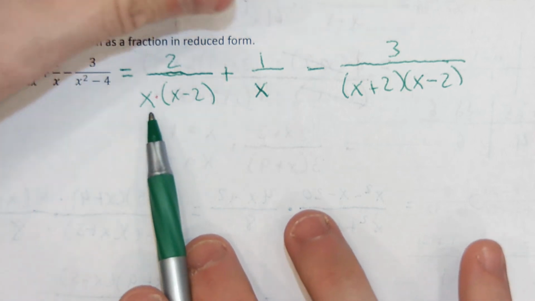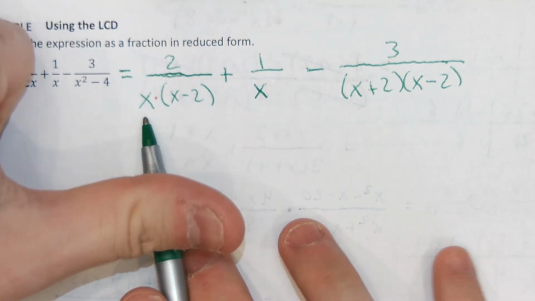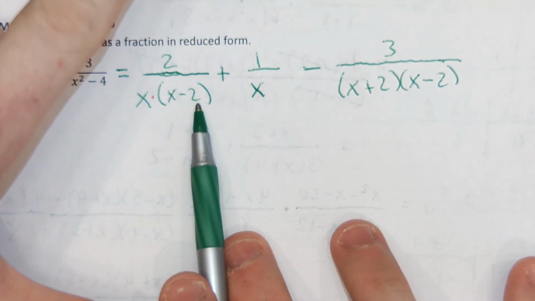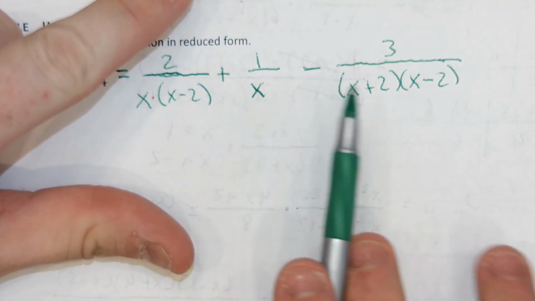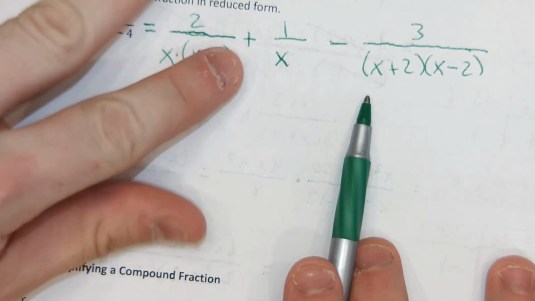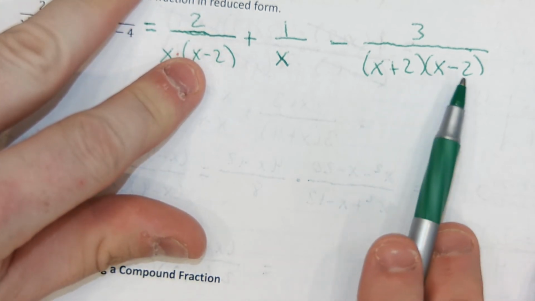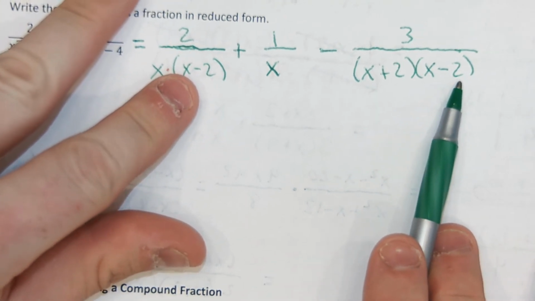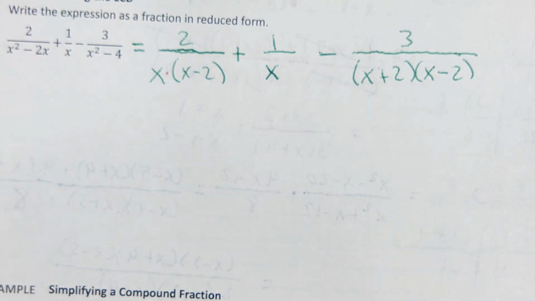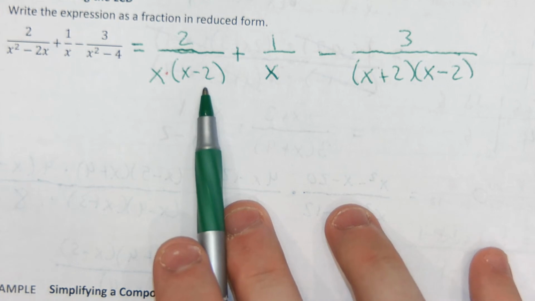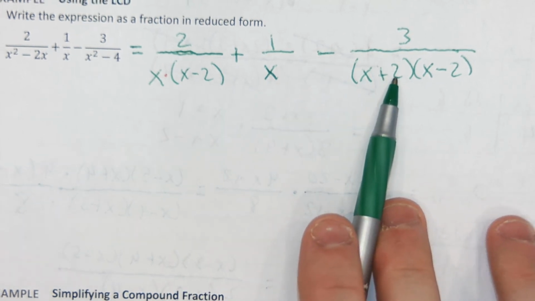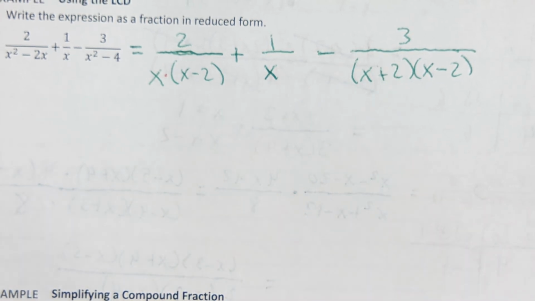One of our denominators is x. One of our denominators is x minus 2. I've already said x. I don't need to say it again. X plus 2. That's a new one. I don't need to say x minus 2. Okay, so my least common denominator consists of three things. Those three things are x, x minus 2, x plus 2. Cool.